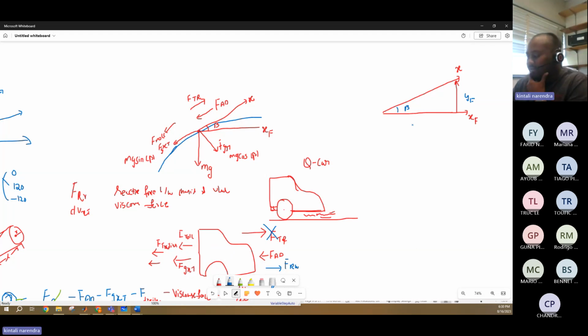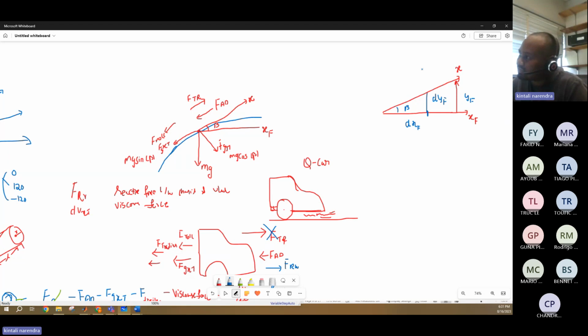Okay, if you observe here, consider a small part like dxf from here until here. Maybe you can think of it as dxf, a small portion, or delta xf, whatever you call it. Then this will be delta yf or dyf, a small portion of y.